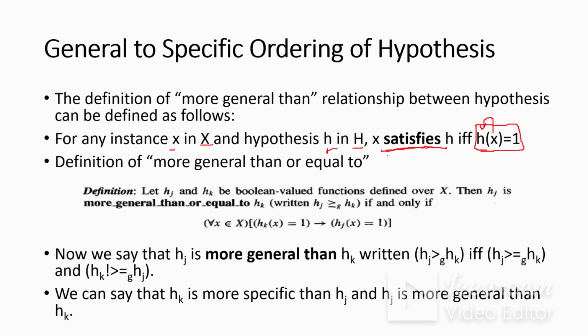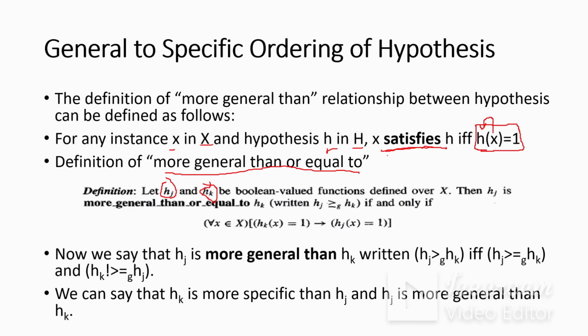Now the second prerequisite is understanding more general than or equal to. Let us assume we have two hypotheses, Hj and Hk.